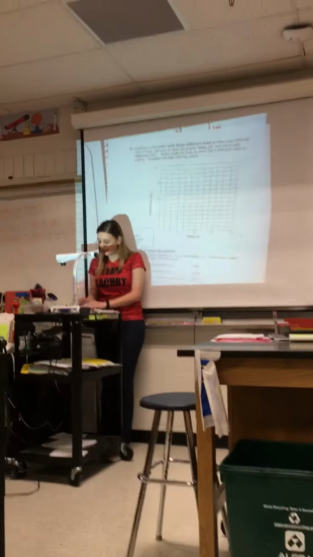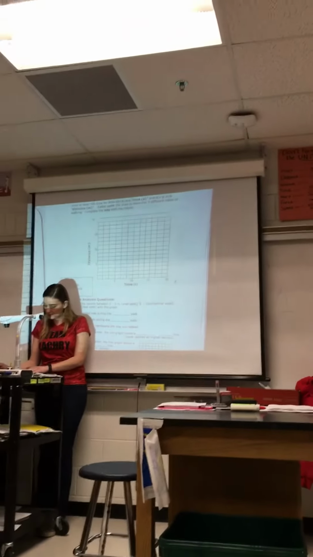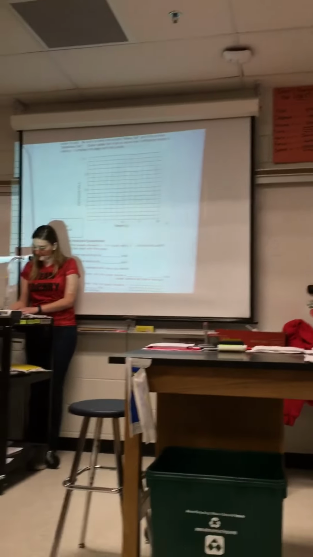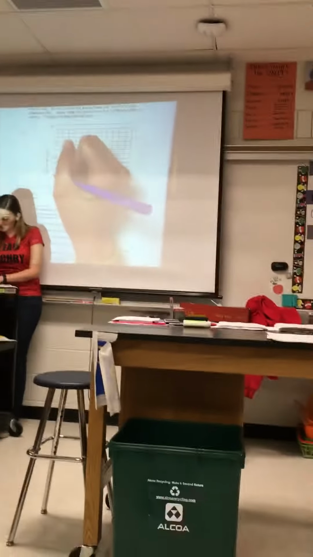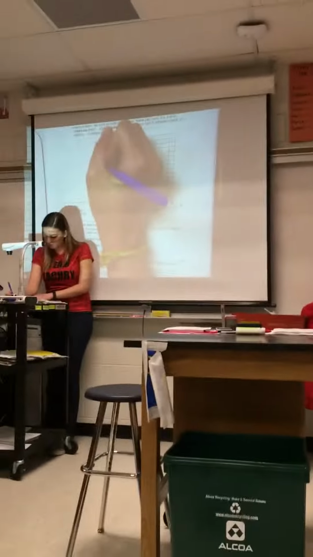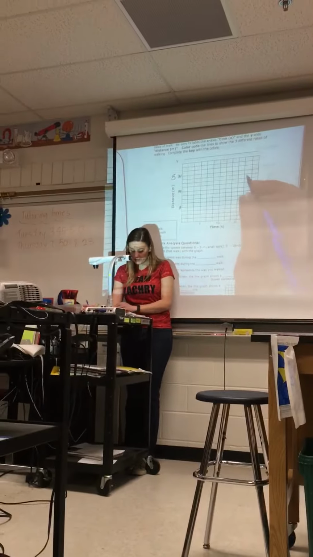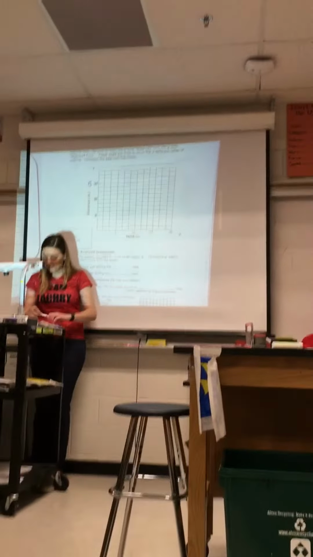Okay, let's go to the back. And up here, my total distance is going to be 5 meters. And my time can go up to 20 seconds. So for the snail walk, I'm going to use brown because snails are brown.